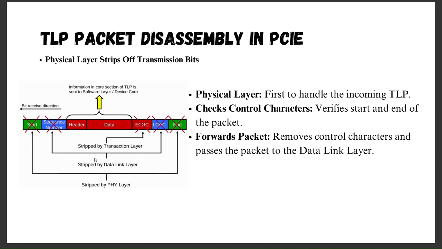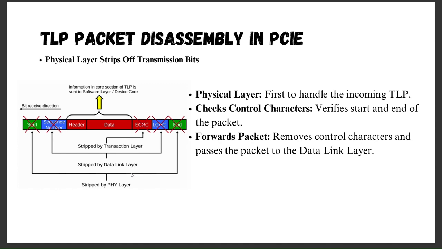The second method is that it checks the sequence number to ensure the packets are in the right order. If there are no errors, the data link layer removes the LCRC and sequence number fields, which were added for error detection, and passes the remaining packet to the transaction layer.